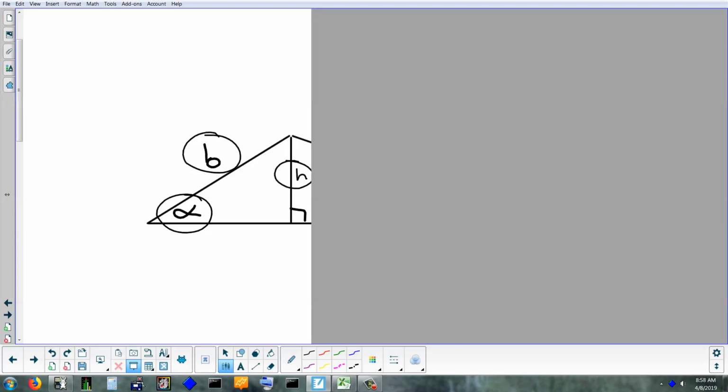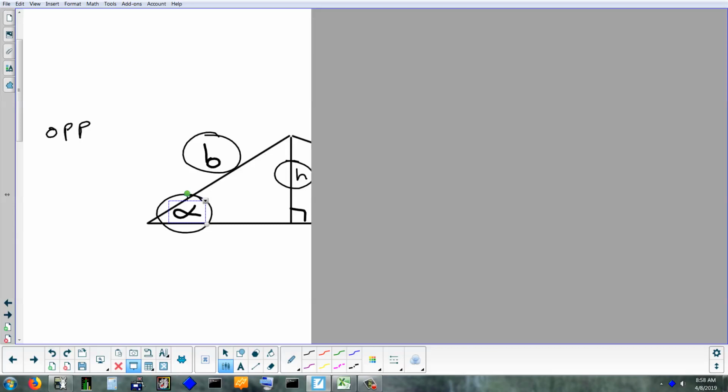Well, it could have a different name, but what's its position relative to standing right here? It's the side that's farthest away. It's opposite. You can call the side whatever you want, but its position is opposite the angle.